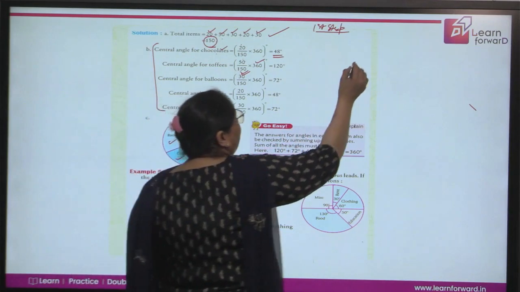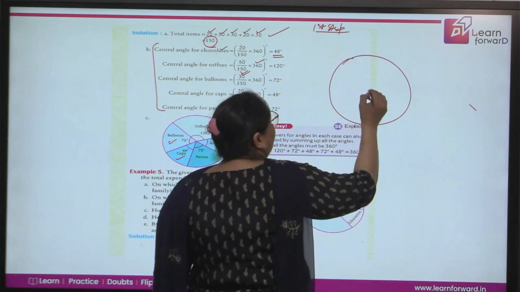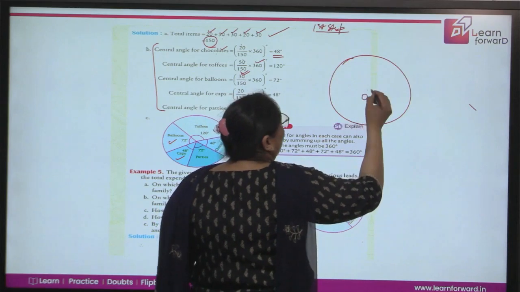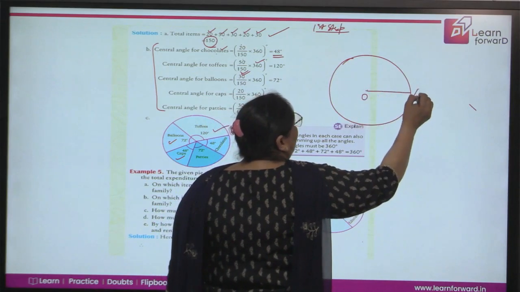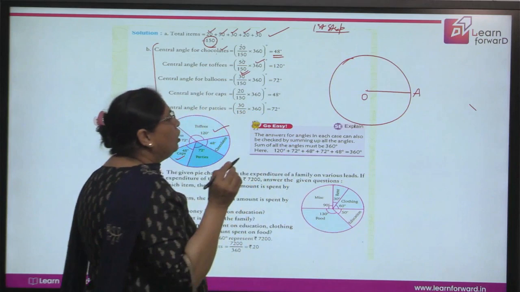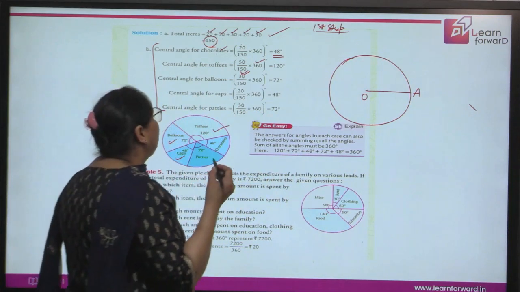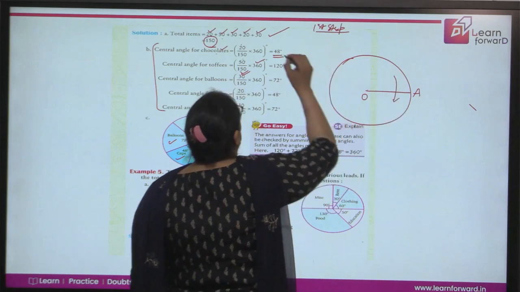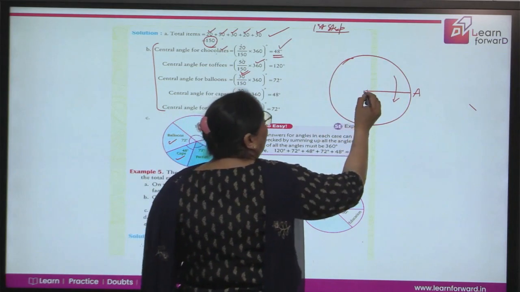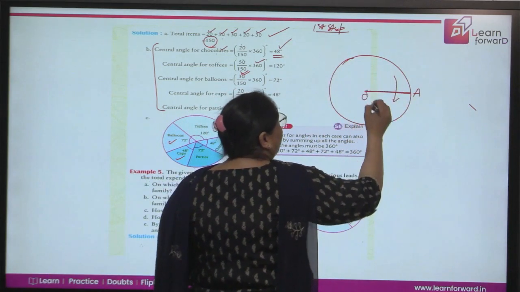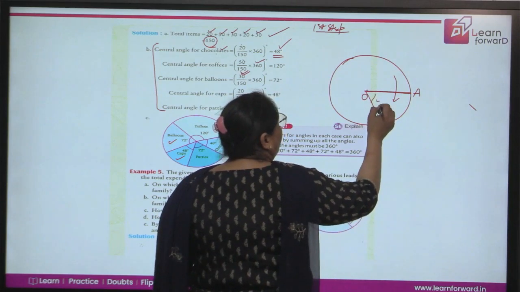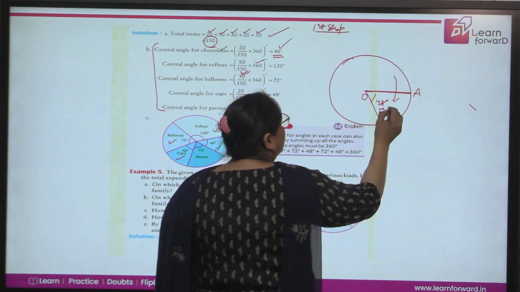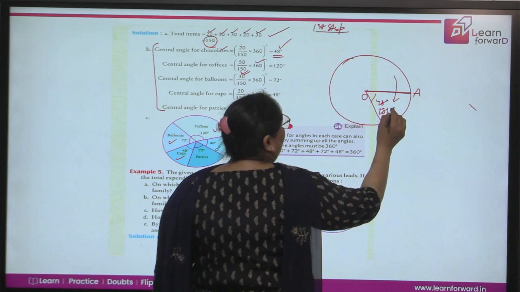After this, we will draw a circle of any radius whose center is O, and then moving clockwise, suppose we have to represent 48 degrees, we will draw 48 degrees here and name it as toffees or chocolates, whichever it is.